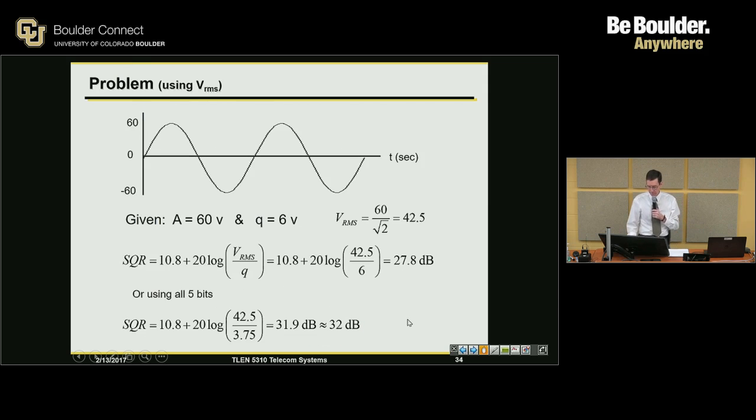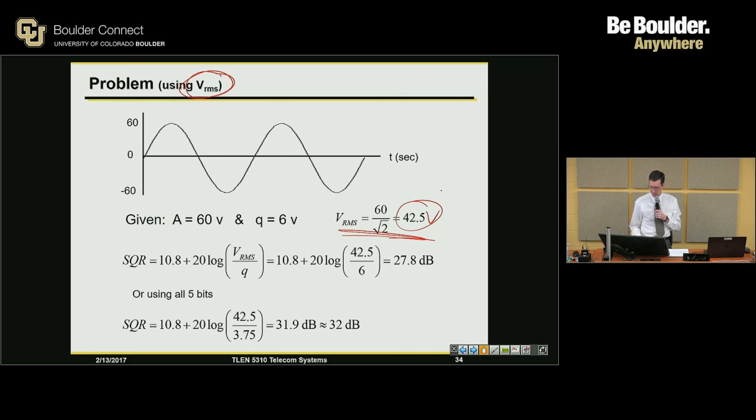Okay, now if I were to do the same problem, but instead of peak voltage, I use the RMS equivalent. I have my RMS conversion that says I take my peak voltage and divide that by the square root of 2. So my RMS voltage is actually going to be 42.5 volts.